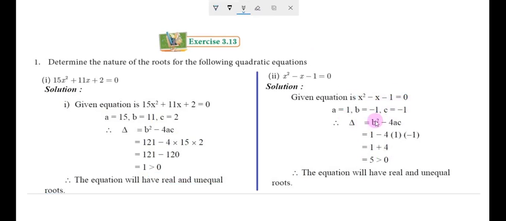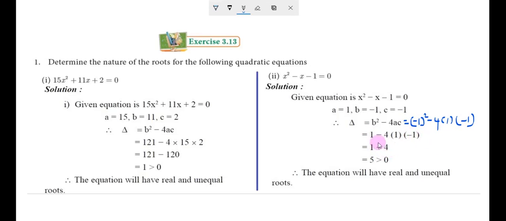Now del equal to b square minus 4ac. What is the b square value? Actually the b value is minus 1, am I right? So b square means minus 1 whole square, minus 4, a value 1, c value minus 1. So minus 1 square is plus 1.